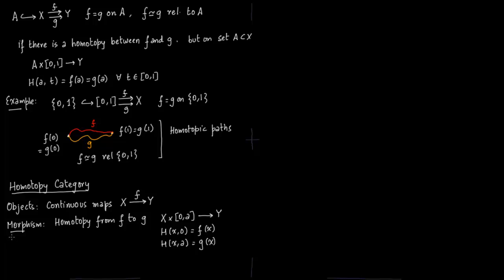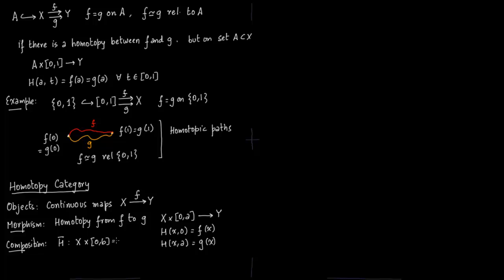So after this we want to define composition. So suppose we are given another homotopy, say H bar. So this homotopy H bar is homotopy, say, between map G and h.